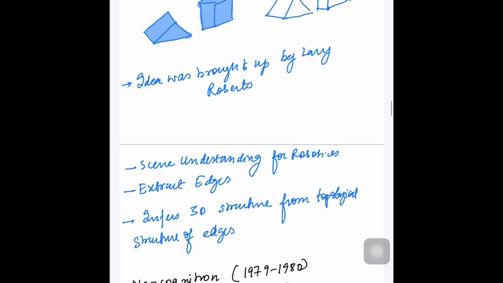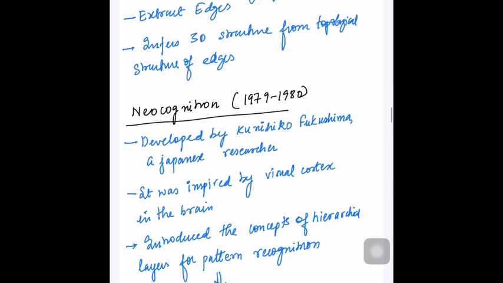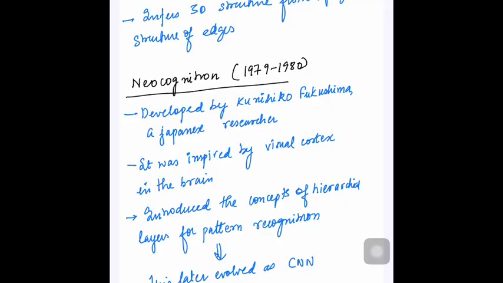Then in 1979, Fukushima, one of the Japanese researchers, came up with an idea inspired by the visual cortex in the brain. He introduced the concept of hierarchical layers for pattern recognition, and this was further evolved into CNN.